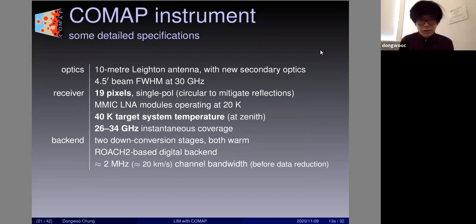It's a new receiver with these low noise amplifiers that JPL developed. I'm not going to go into great detail on the specs, but this is just to show you the instrument exists. It has specifications that seem quite sensible to try and approach a measurement of this difficulty, with appropriate requirements on system temperature, resolution, things like that.